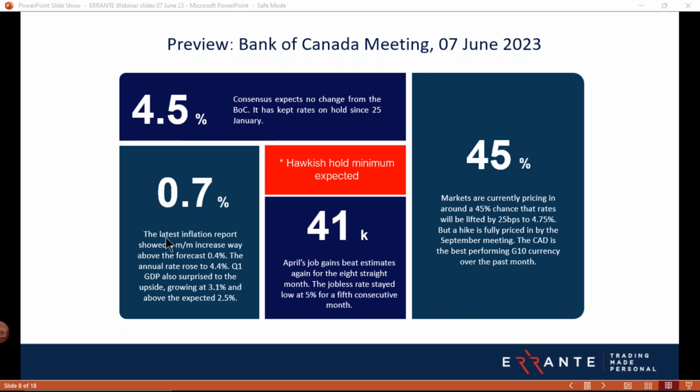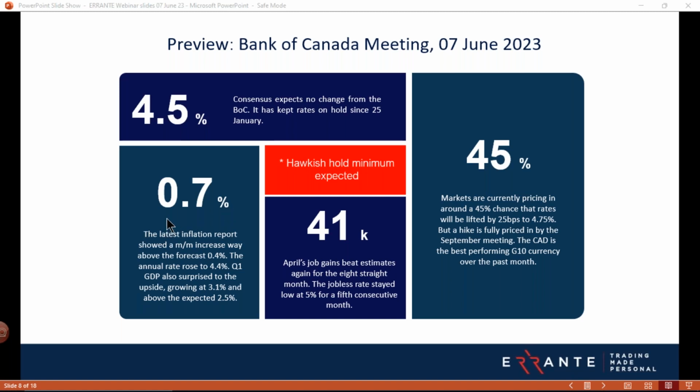All that said, the bank has also stated previously that monetary policy operates with a long and varied lag. So that means policymakers do expect consumption to moderate through this year as its restrictive monetary policy works through the economy. And so they potentially may want to err on the side of caution while assessing that lagged effect of monetary tightening.